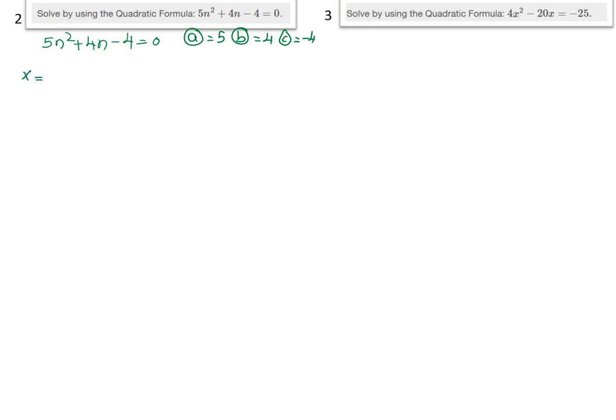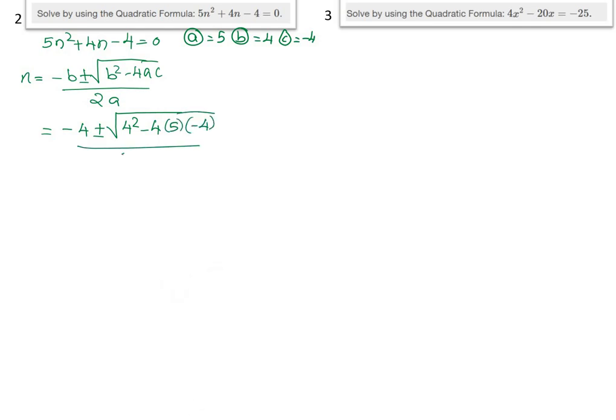So x is equal to, here instead of x we have n, so we can write n there. n is equal to negative b plus or minus square root of b square minus 4ac over 2a. So substitute those values: negative 4 plus or minus square root of b square, that is 4 square, minus 4 times 5 times negative 4, divided by 2 times a, that is 5.